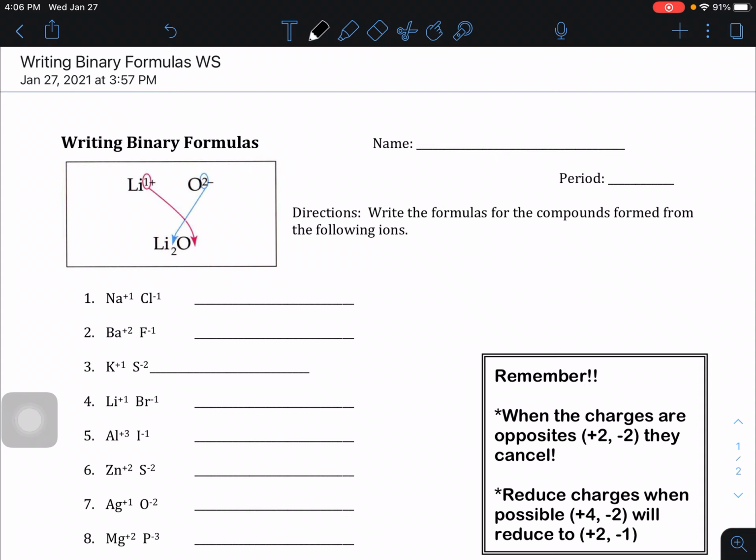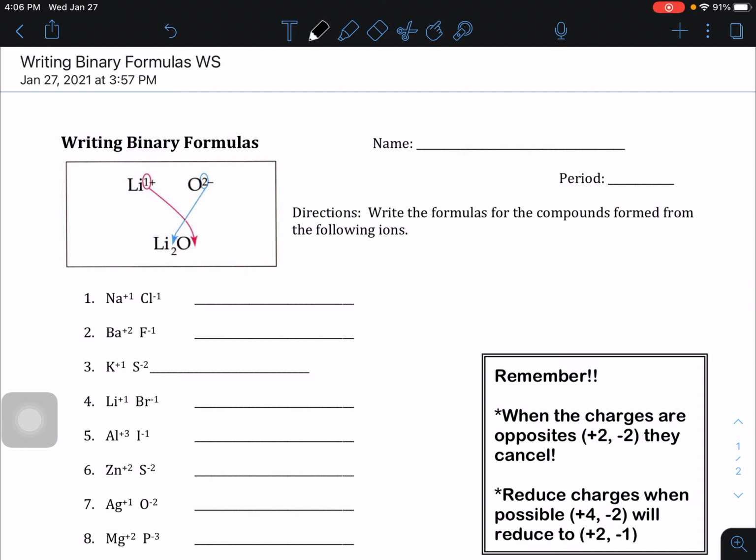The ionic compounds are made of a metal, which has a positive charge, and a nonmetal, which has a negative charge. The charges are already given to you. You don't have to look them up. And we're going to use the crisscross method.